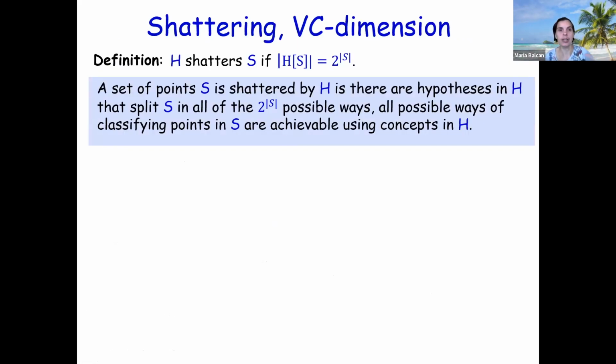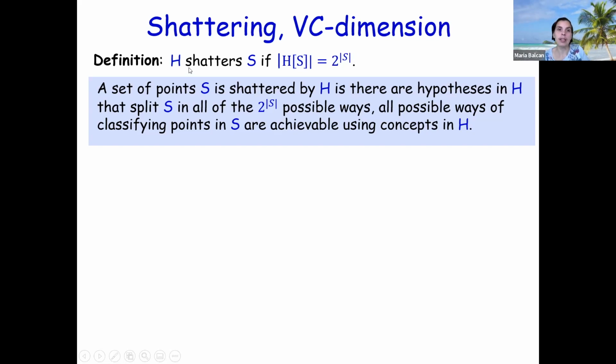So I'm now going to slowly define what VC dimension is. As I already mentioned, we say that a set of classifiers H shatters a set of points S if all possible labelings of S are achievable with classifiers from H. We have 2 to the size of S possible labelings for the set S using binary functions.